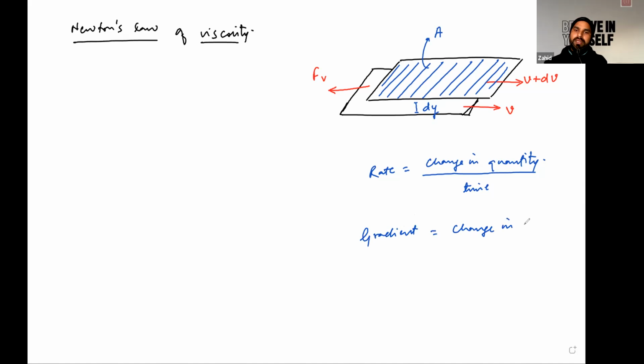Change in quantity with respect to length is called gradient. So in this part, there is a change in velocity, as this layer is moving with some velocity v and this upper layer has velocity v plus dv. So there is extra velocity of this upper layer, and this change in velocity between two layers is with respect to the width of the layer. So we can call it velocity gradient.